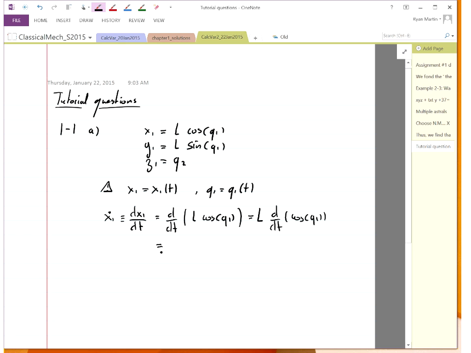Remember now, q1 is a function of time, so it's the cosine of a function of time, so it's the chain rule. That's L times the derivative of cosine, which is minus sine, times the derivative of what's inside, so dq1 by dt. To use our preferred notation, we'll write this as minus L sine q1, q1 dot. Any questions about that?